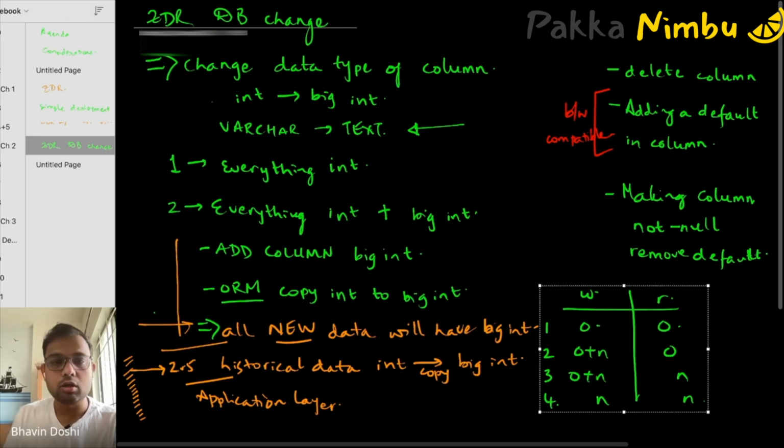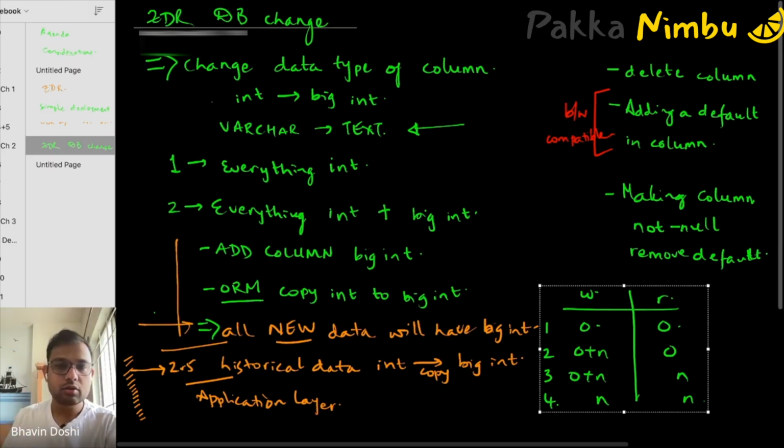Yeah. Roll back of 2. In step 2, you are adding a column and then the ORM is copying int into big int. Let's say you have deployed this. The column is now added to the DB. Some traffic came. Those नए rows का data is copied to the big int also.